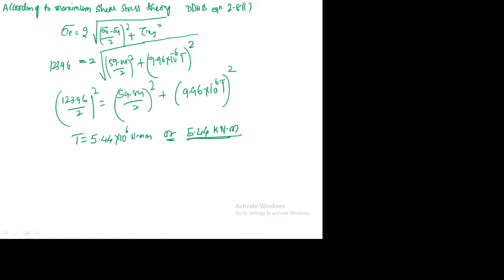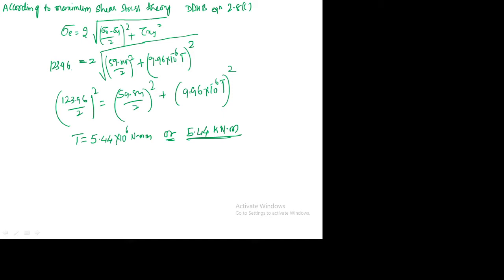If you cross check by substituting T in the maximum shear stress theory, the induced stress is going to exceed the allowable stress.